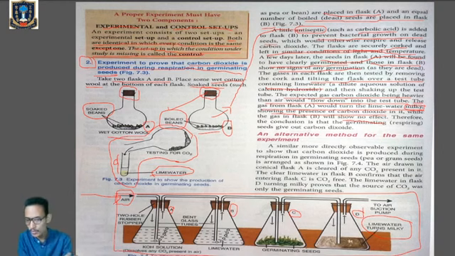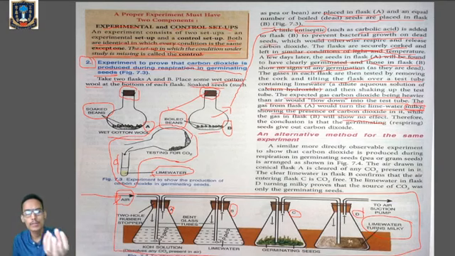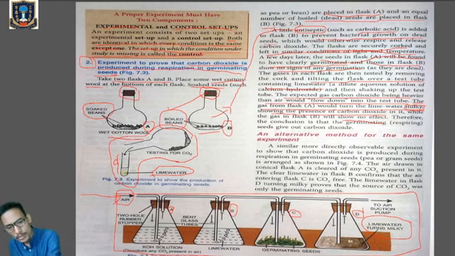Clear? So remember over here, we have taken four conical flasks A, B, C, D. A contains KOH, potassium hydroxide solution, which will absorb all the carbon dioxide. So when we introduce air into flask A, the carbon dioxide present in that air will be absorbed by the KOH solution, and the air free of carbon dioxide will go to flask B, where it will not turn lime water milky because there is no carbon dioxide.